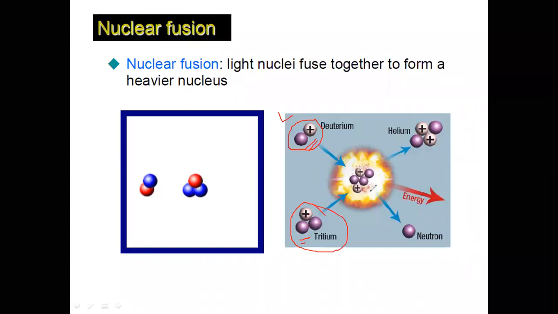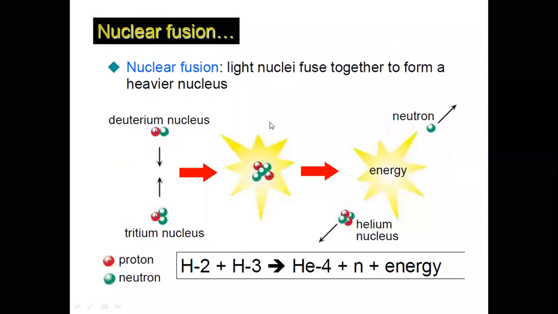Carried into the center, they collide, and finally we get a single nucleus, which is the heavier nucleus. Two hydrogen elements finally give one helium and release a neutron. Nuclear fusion means the lower and higher mass values come together into the center, and finally we get the heavier nucleus.